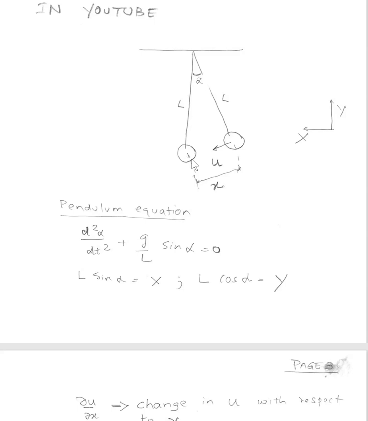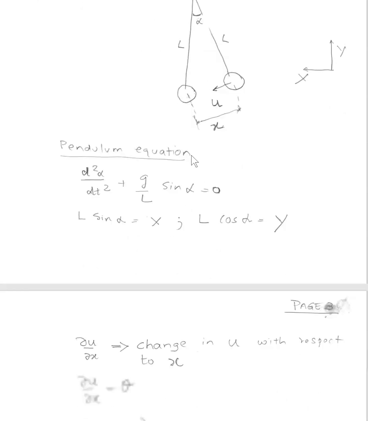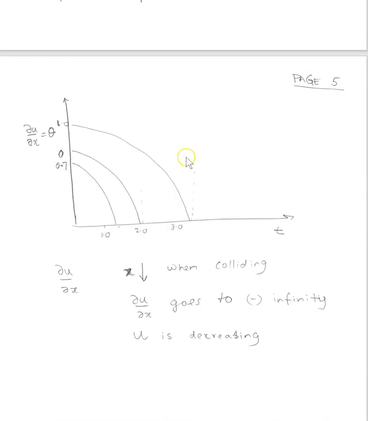So it's going to be negative. So when they're about to clash, x is almost 0. So it's minus infinity. So that's what we are seeing here. So partial u of partial x, or theta, would go to minus infinity at a finite time.